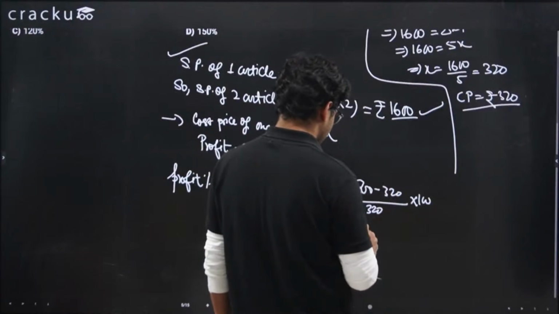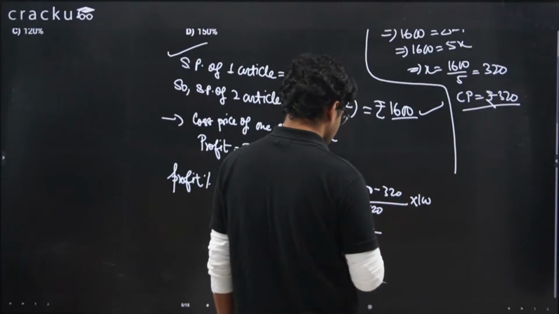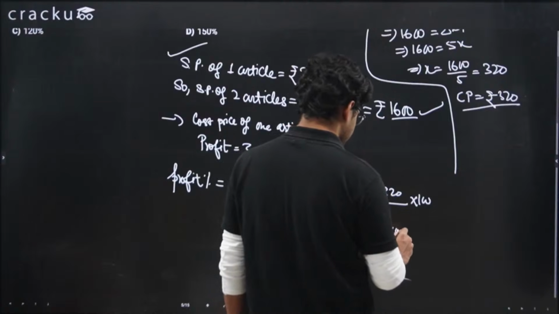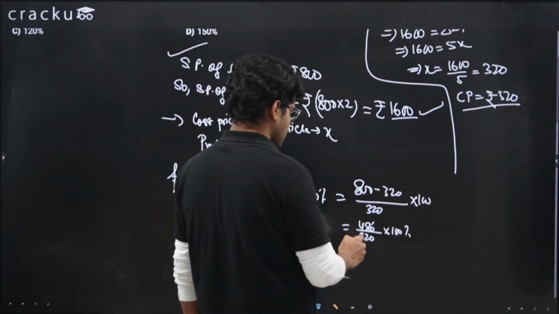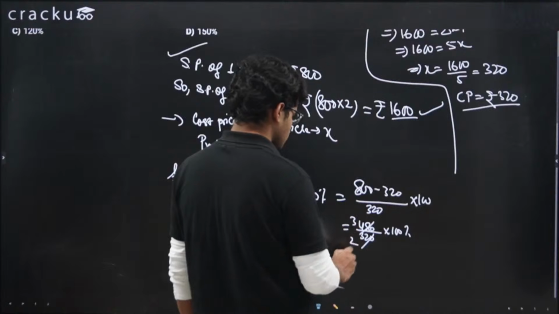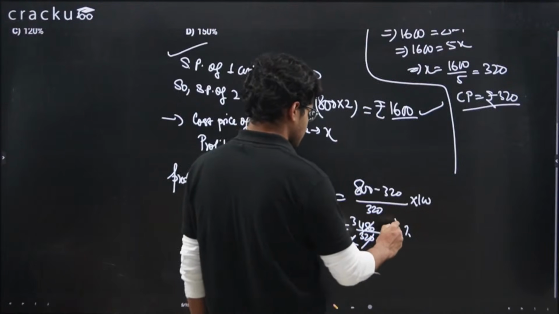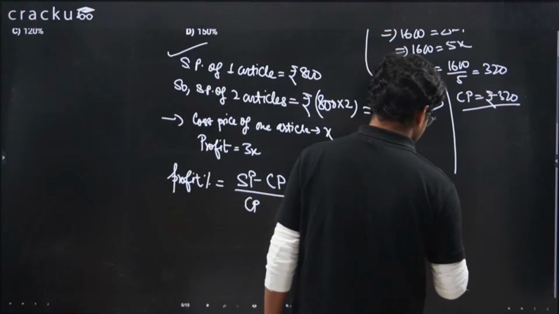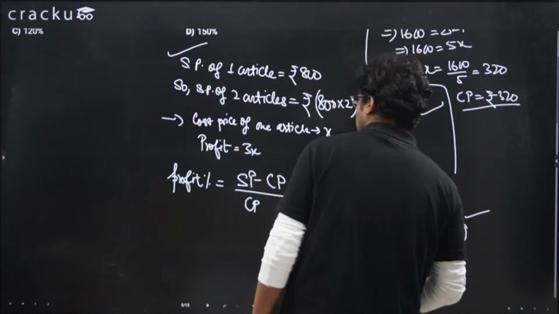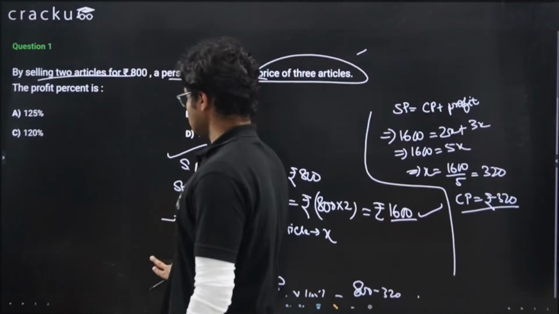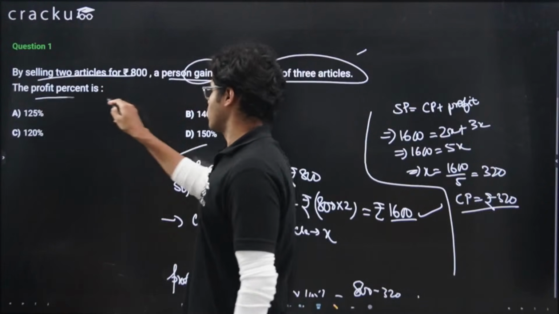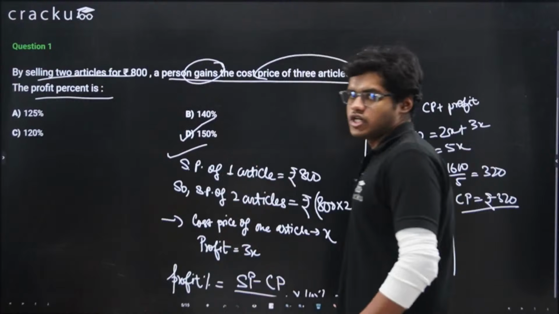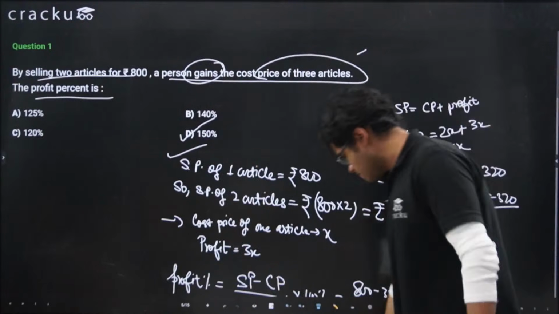So it is 480 upon 320 into 100. Upon cancelling by 160, I get 3 and 2, and 2 and 100 I can cancel to get 50. So 3 into 50% is 150%. So the profit percentage is 150%. Option D is the correct answer.